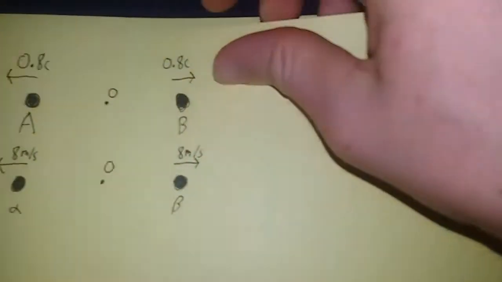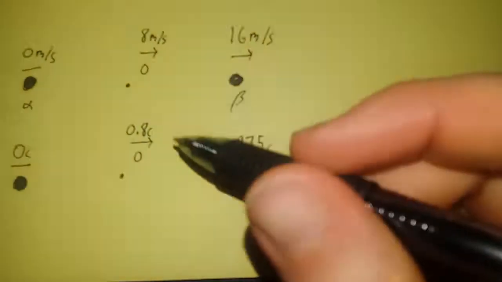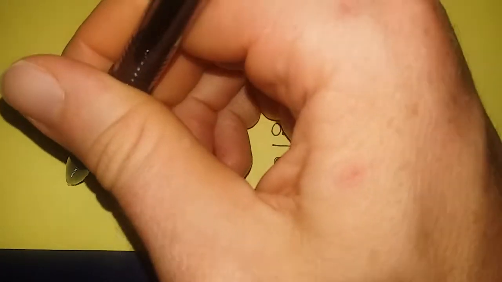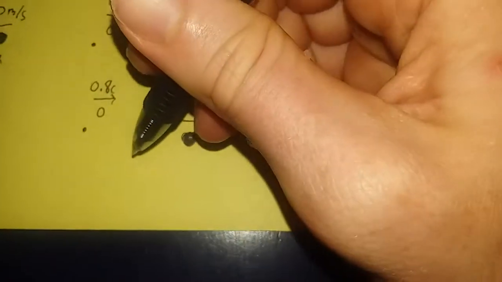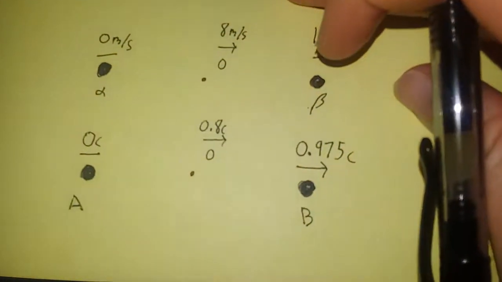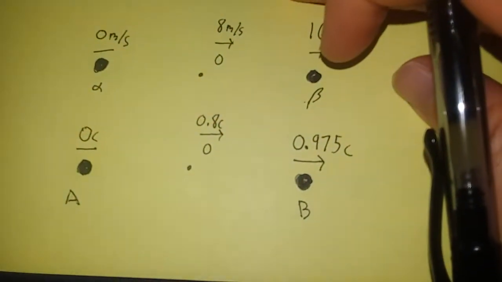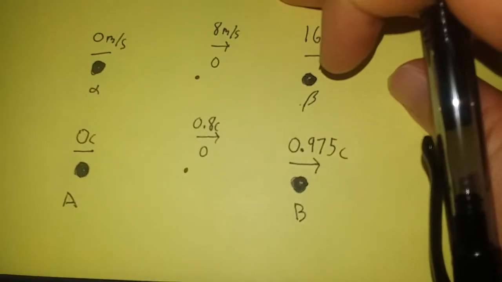So if we take A to be stationary, we find that the velocity of point B is 0.975 c.